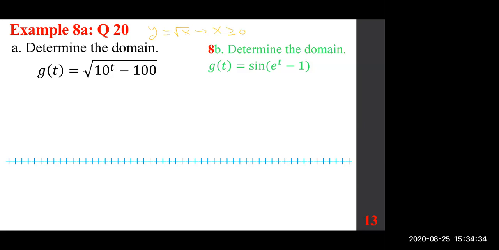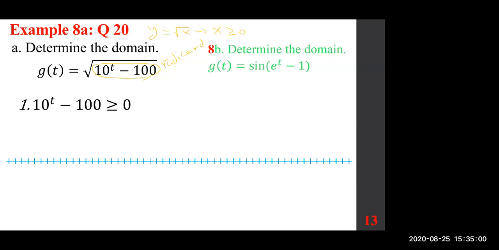This is precisely the same as far as the concept. So going with that, the very first step is to put the radicand larger than or equal to 0, and solve this inequality.